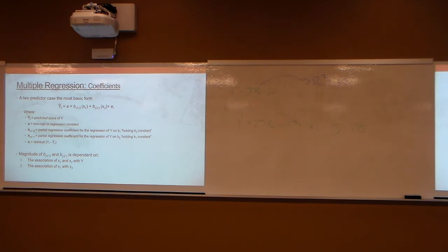Someone tell me, if I'm holding it constant, or controlling for, what does that mean? You're incorporating the variability attributed to that variable in your model. Okay, so I'm incorporating the other stuff.